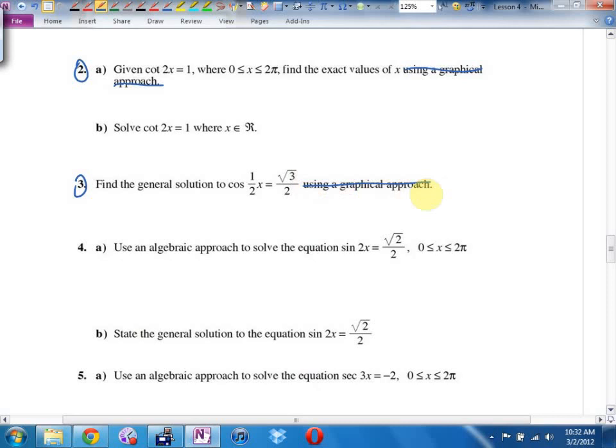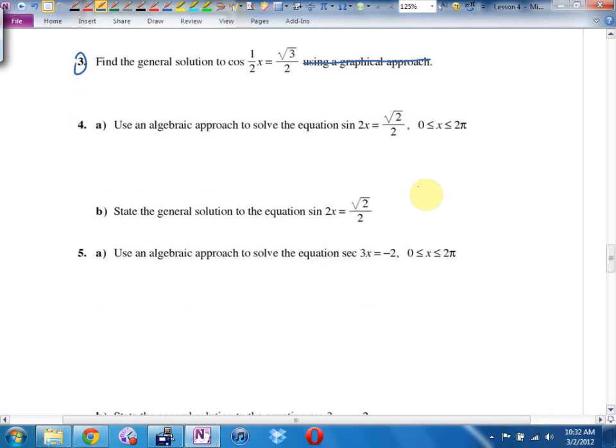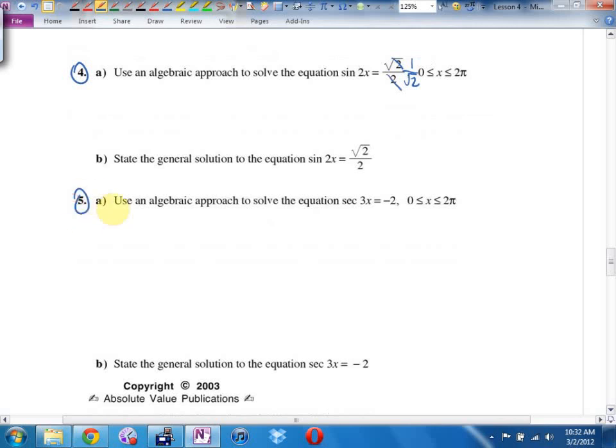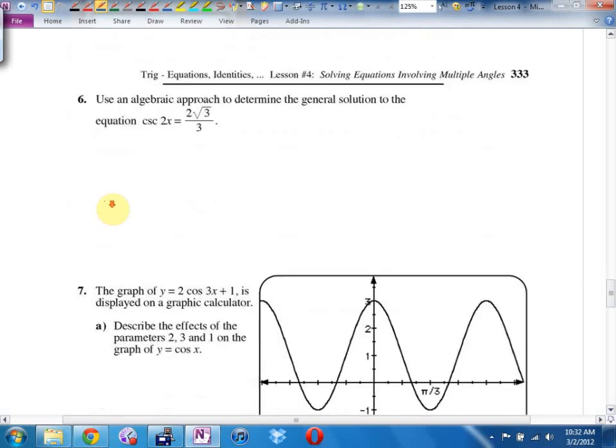Okay. Number 4 is great, except instead of root 2 over 2, I'm pretty sure that's 1 over root 2. 5's good. 6 is good, except instead of 2 root 3 over 3, I'm pretty sure this is just 2 over root 3. Do I have a triangle with a 2 and a root 3 in it? Eric thinks we do.